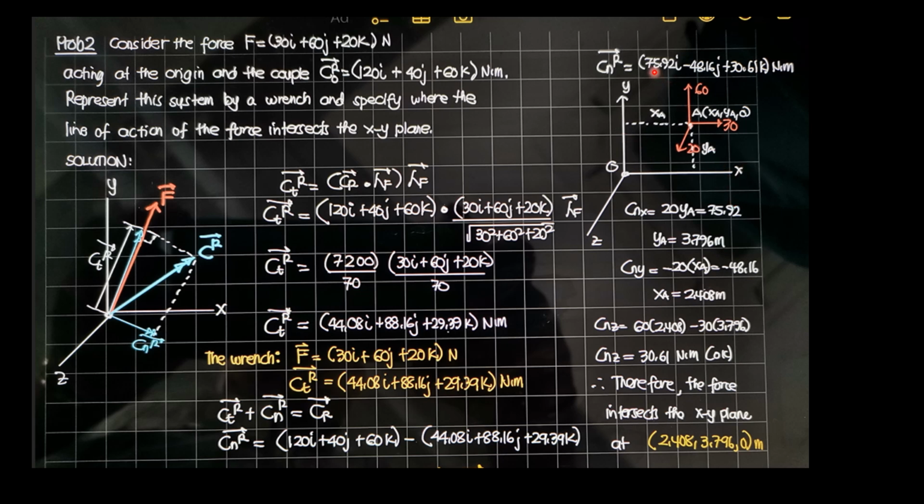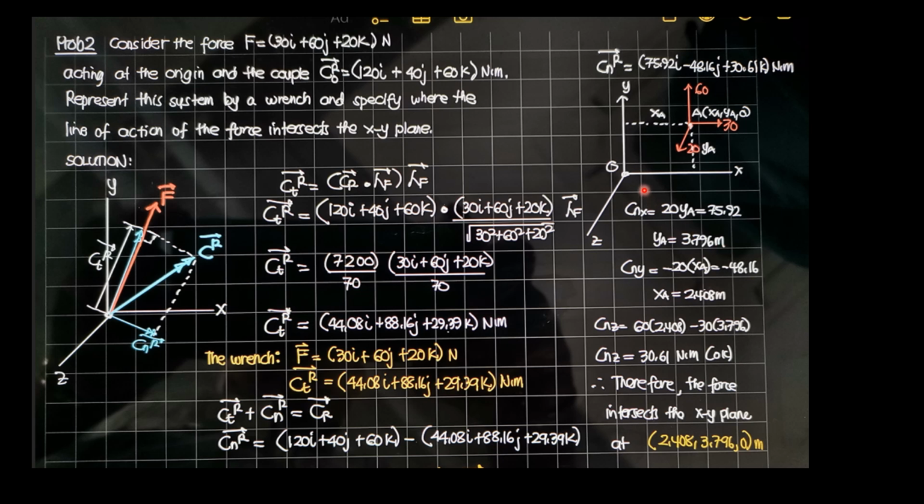So since C_NX is 75.92, that is equal to the moment about the x-axis. In this case, from this figure, the moment of this 20 newton force about the x-axis is positive, so 20 times YA equated to C_NX, which is 75.92. So that's why YA is 3.796 meters.